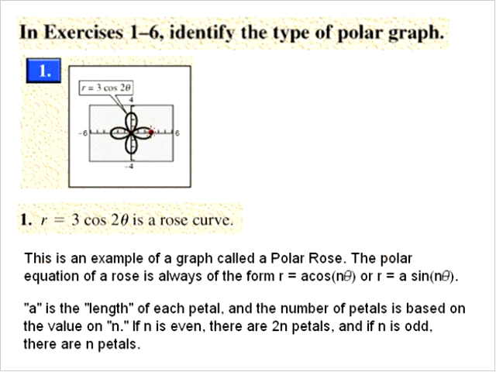It looks like a flower, hence the rose, and the number of petals depends on what you have in front of theta. A is the length of each petal, and the number of petals is based on the value of n. Because n here is 2, we have 2 times 2, which is 4. That's why we have the 4 petals.